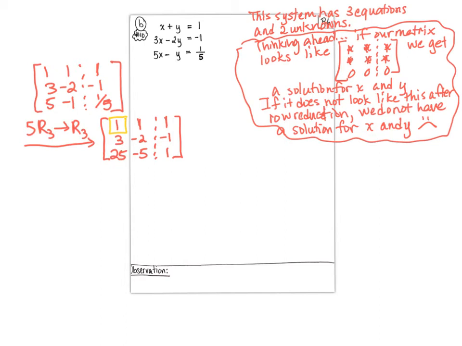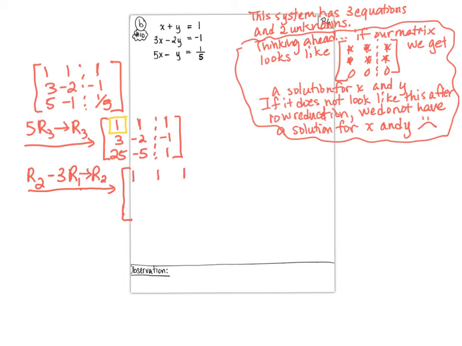Okay? So, to create a 0 here, we need to multiply row 2, or we can just leave row 2 and do, let me erase that and use red. So we will have row 2 minus 3 times row 1 to get a new row 2. And then, so that's 1, 1, 1.